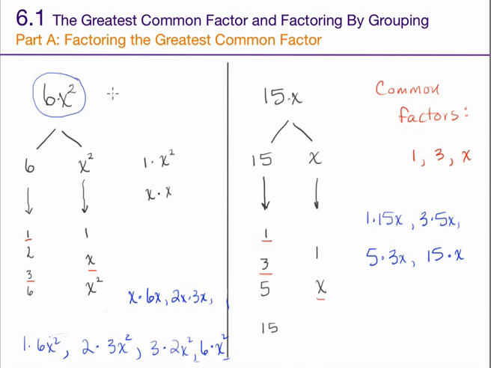X is one of the things I used to make 6x squared. What I had to multiply it by was 6x. So x is a factor and 6x is a factor. I also used 2x times 3x to get 6x squared. So 2x and 3x are also factors of 6x squared.